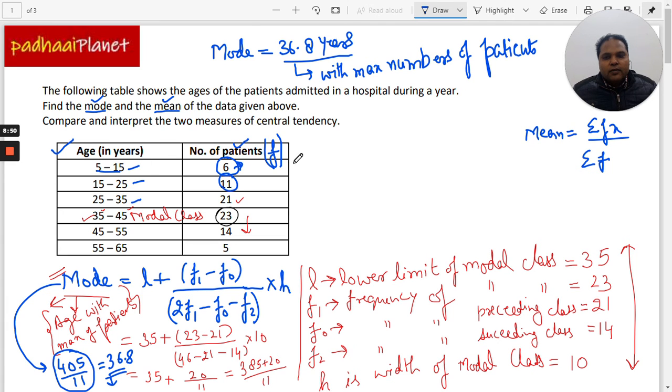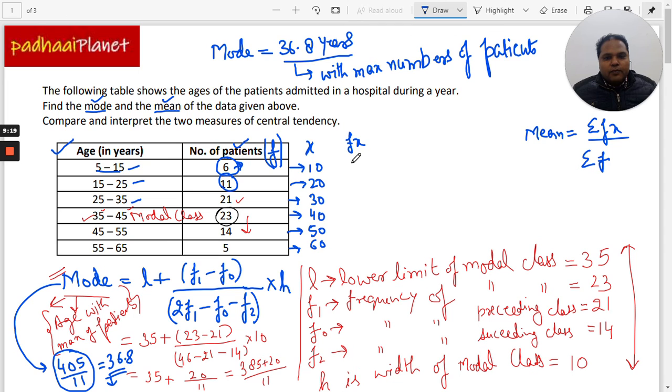If we do that, we get 10 as class mark, then 20, then 30, 40, 50, and then 60. So this is all x, and we need to find out fx.